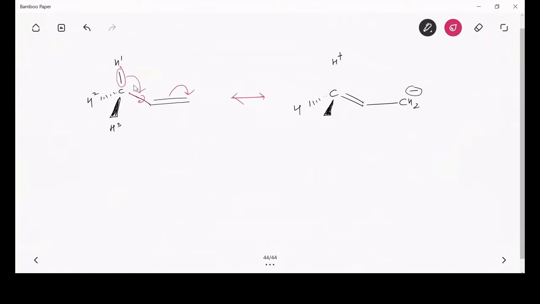So next, after rotation of about 109 degrees 28 minutes, what will happen? This H2 will come to this position, and this H1 will go down. And this is even possible at room temperature. So what will happen now? In the next structure, we will get something like this.